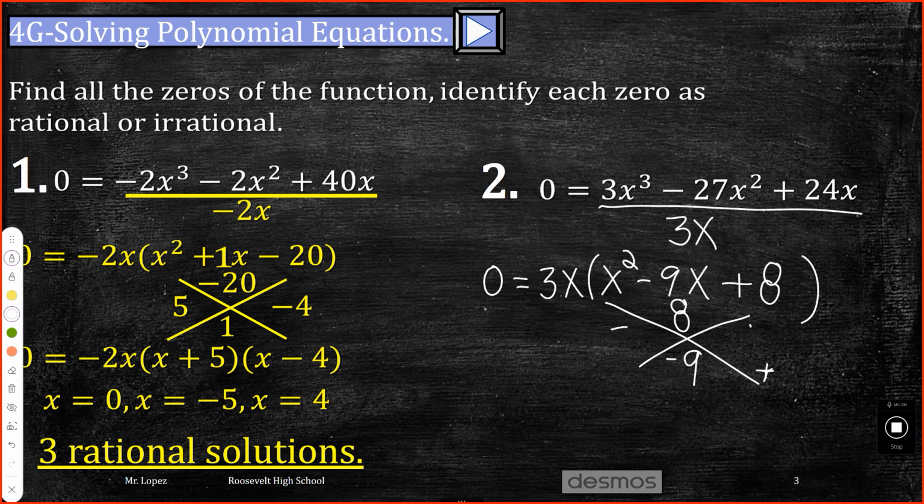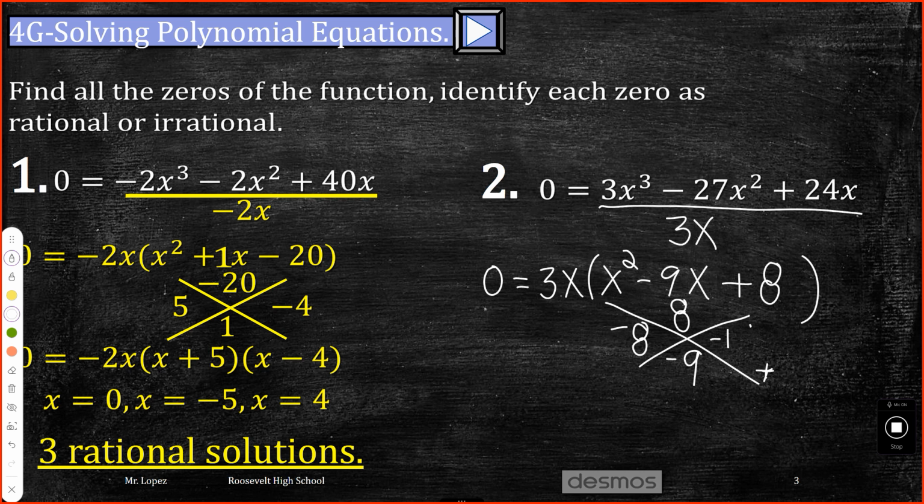Is it negative 8 and negative 1? Negative times negative is positive 8, and negative 8 plus negative 1 is negative 9. So, can we already do it like that student did 7 years ago, or do you want to do the whole work?